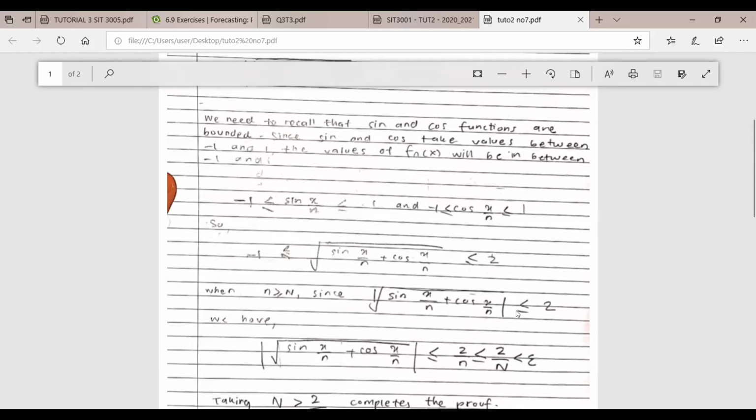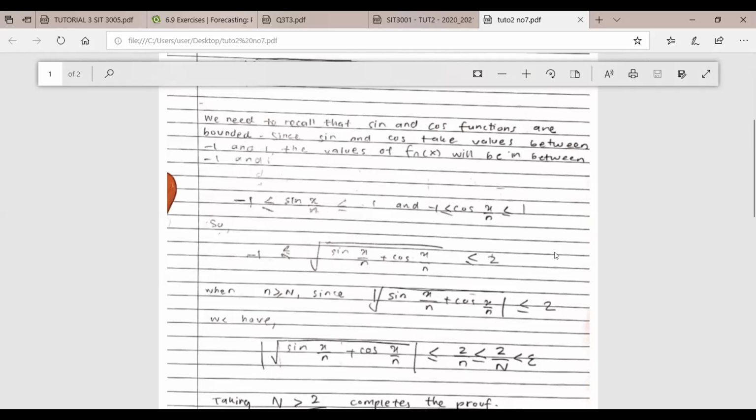So how would those two statements give you the next statement? It's a bit unclear. I just add this sine and cos.